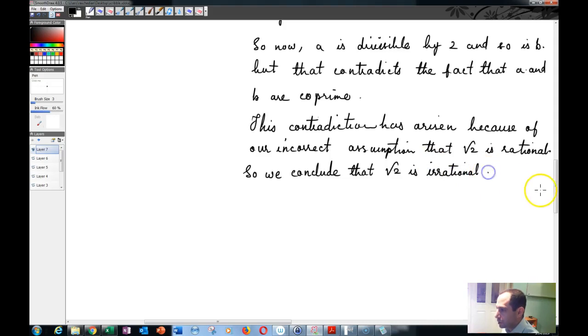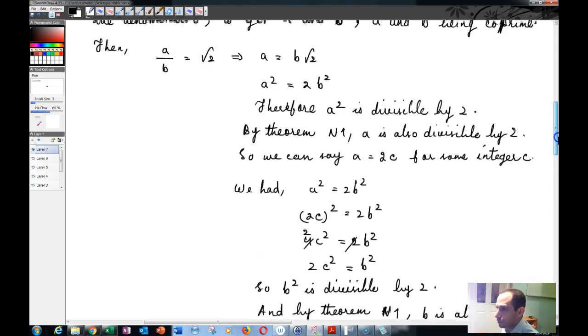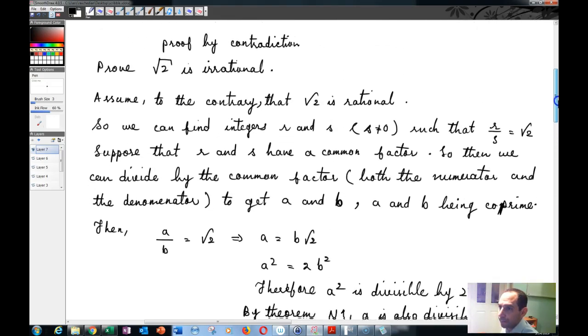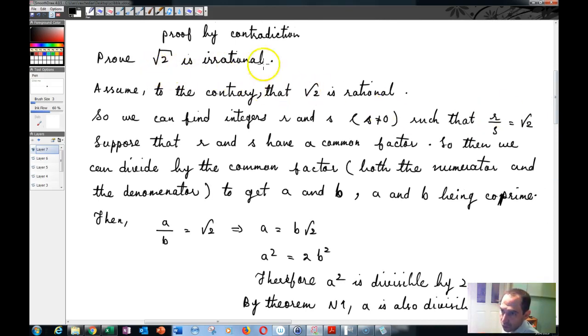So basically what you can see over here, you wanted to prove that square root of 2 is irrational, right? And you wanted to do that by proof by contradiction. So what you do is that you assume to the contrary that the square root of 2 is not irrational, or basically rational.